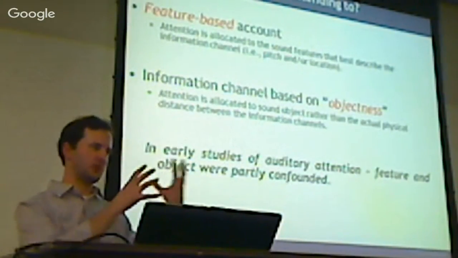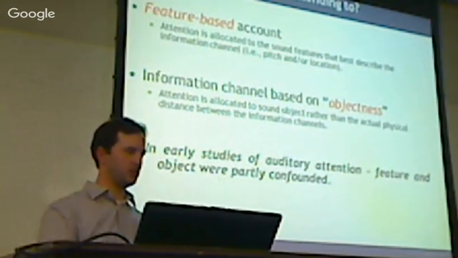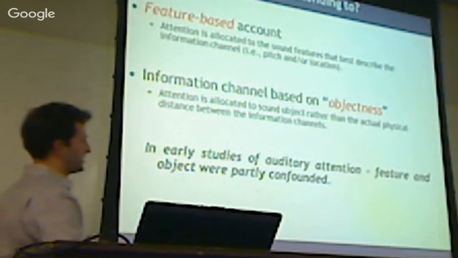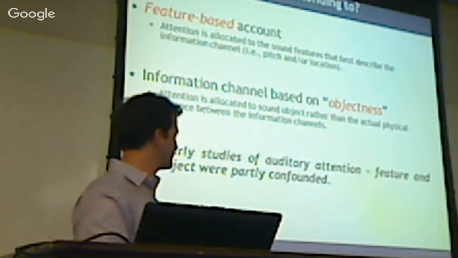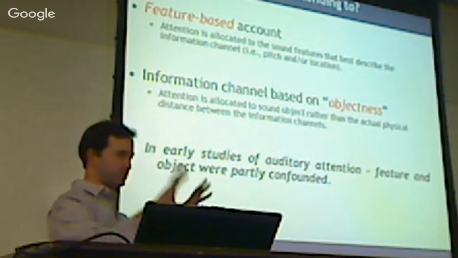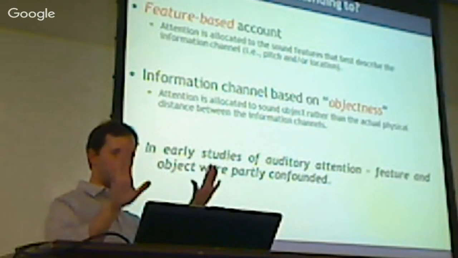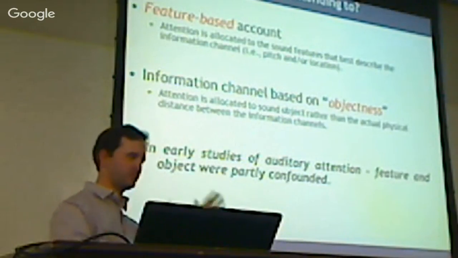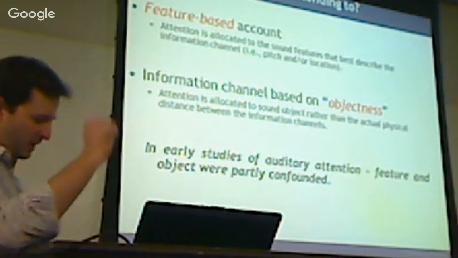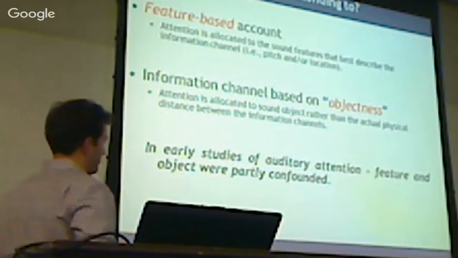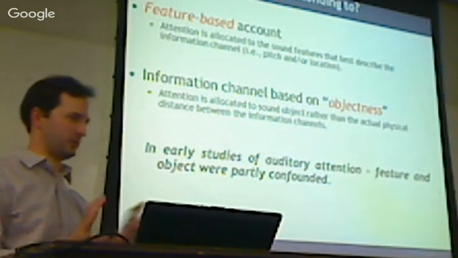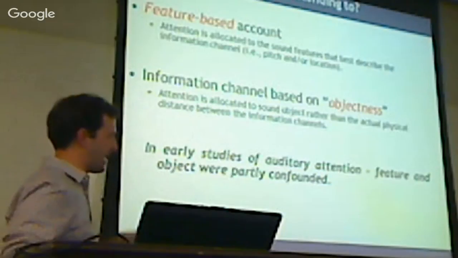Changes in the objects came along with changes in the acoustic features, so you don't know which one it is. For example, if I'm trying to segregate an oboe from a saxophone, those are two different objects, but they also vary in timbre, pitch, and loudness. So this is where we tend to break away from objectness and look at more feature-based accounts, because we can rigorously manipulate those independently of objectness.